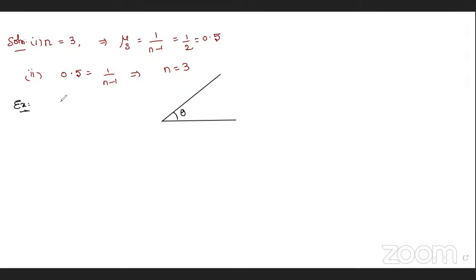Suppose I give the names: top as A, bottom as B, and length of the inclined plane I take as L. And the height of the inclined plane I take as H, height of the inclined plane.